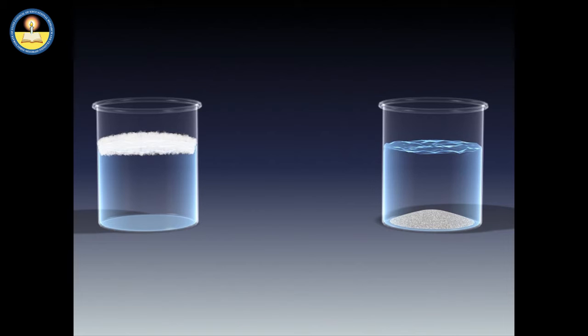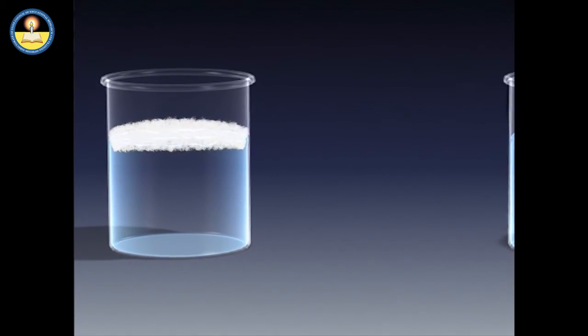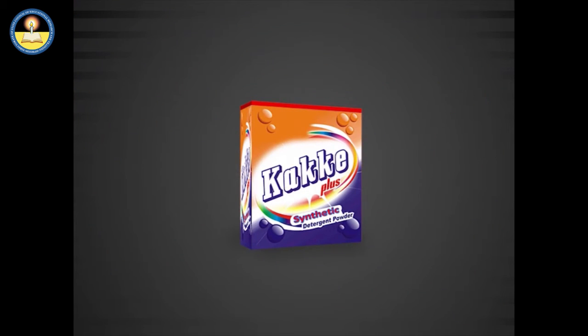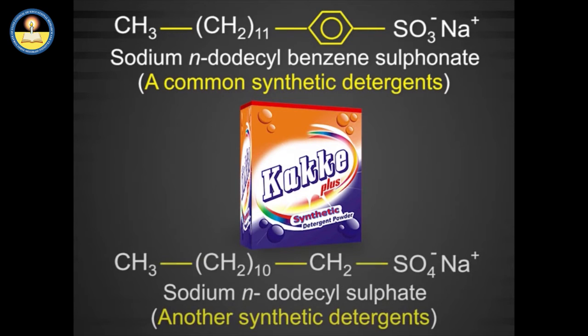In spite of this, the detergents have all the properties of soap. Synthetic detergents have long-chain molecules such as sodium N-dodecylbenzene sulfonate and sodium N-dodecyl sulfate. The chemical structure of these molecules is as shown on screen.